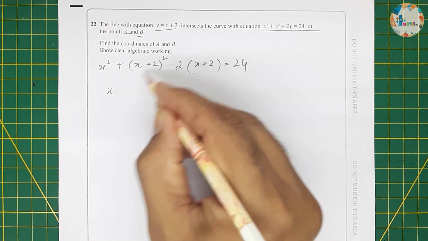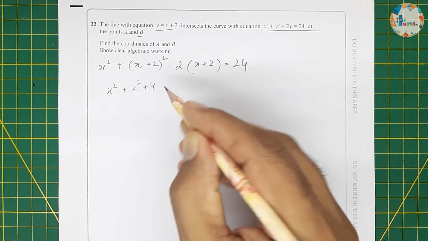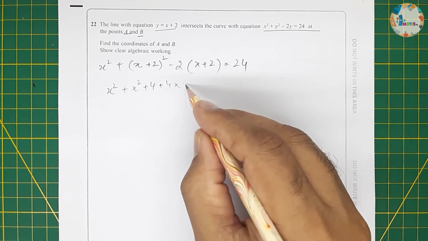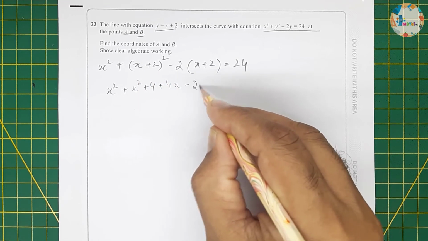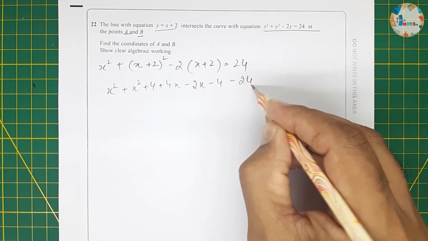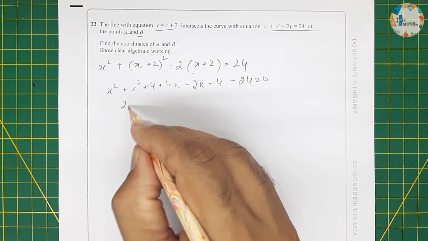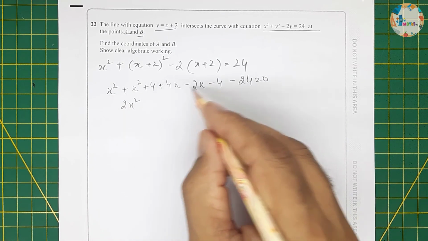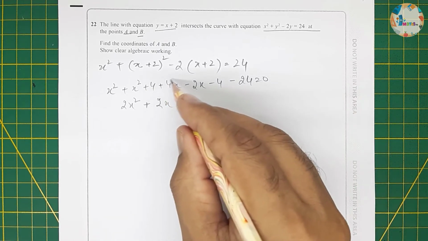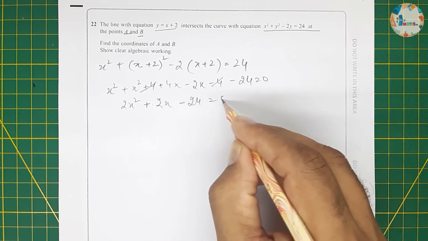We open this: x squared plus x squared plus 4 plus 4x, using a squared plus b squared plus 2ab, and minus 2x minus 4, minus 24 is equal to 0. We have shifted the 24 to the side. So this will be 2x squared plus 2x, and plus 4 and minus 4 will be cancelled, and minus 24 is equal to 0.